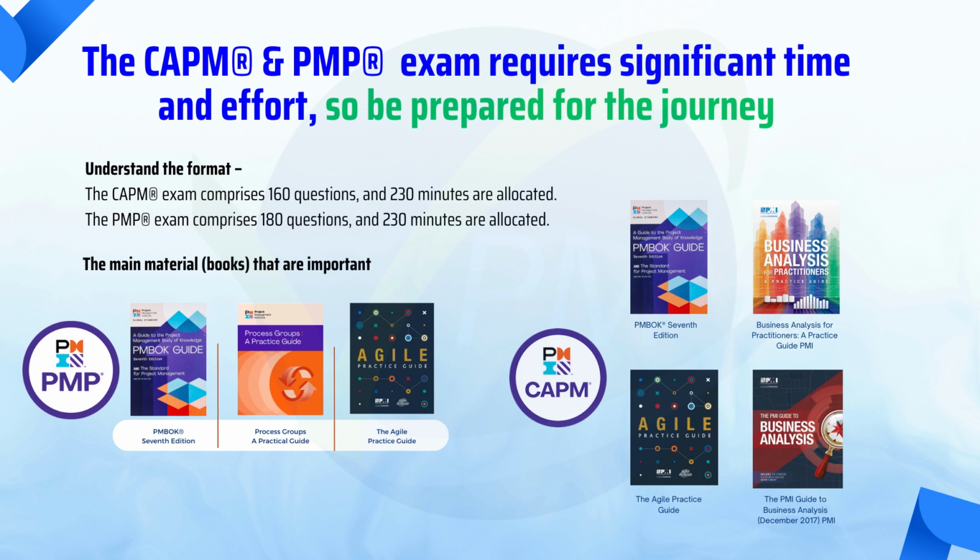The PMBOK guide covers all; it is a more generic book. Then we've got the Agile Practice Guide. This will teach you the Agile practices. So you do need to spend time understanding and studying the book.